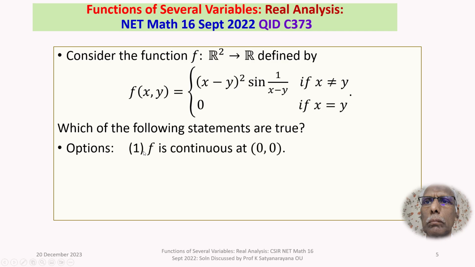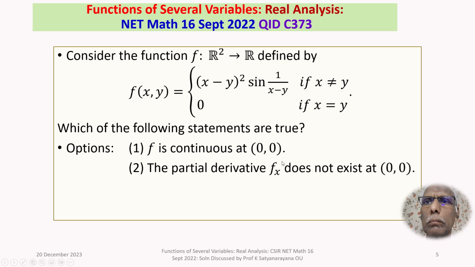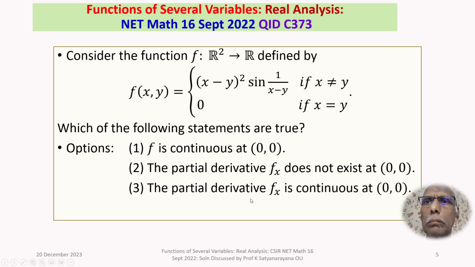Option 1, f is continuous at (0, 0). Option 2, the partial derivative f suffix x does not exist at (0, 0). Option 3, the partial derivative f suffix x is continuous at (0, 0).